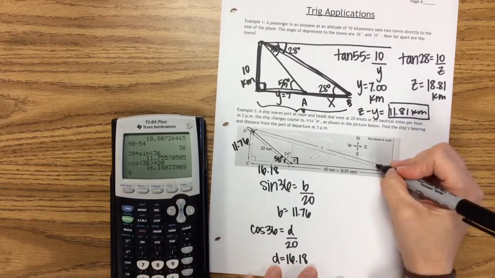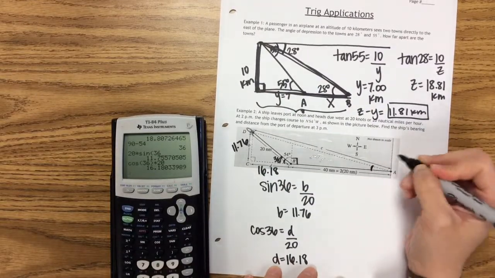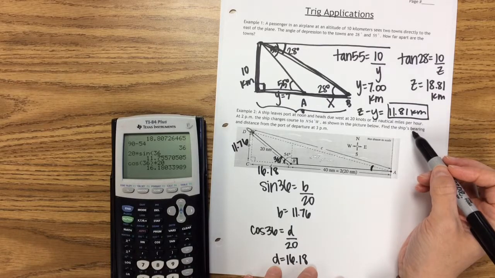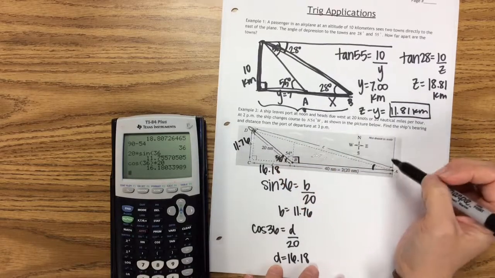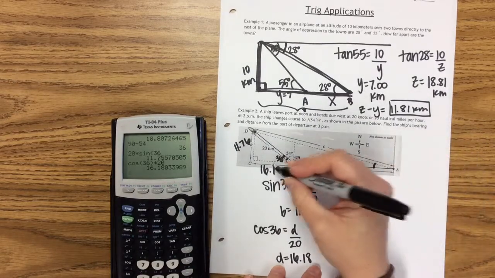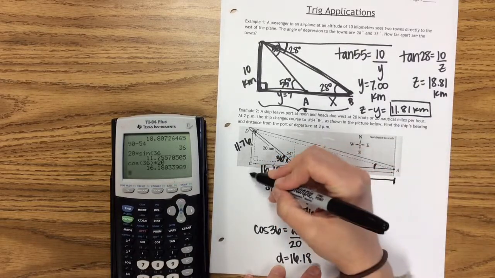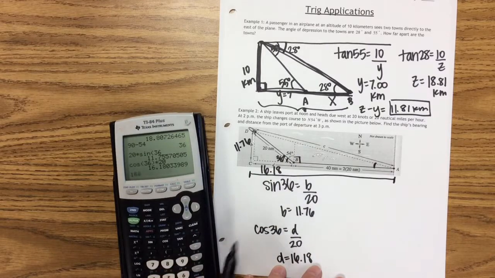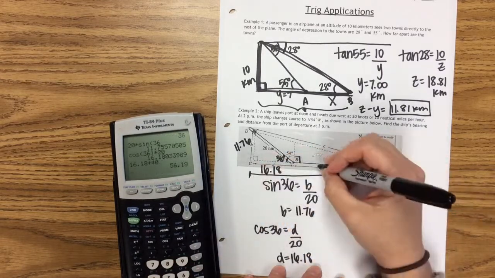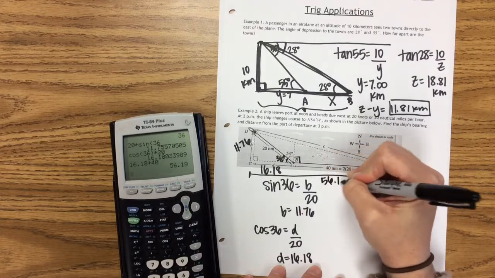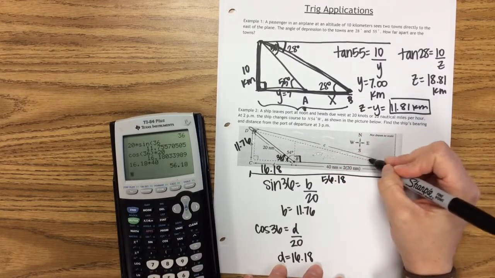So I'd like to find this angle here. It will help me find the ship's bearing from where it started to where it stopped. And now that I know that, I can figure out this whole side length here by adding 16.18 plus 40. That 40 is already marked. So the whole side length is 56.18. So I can find this angle here.